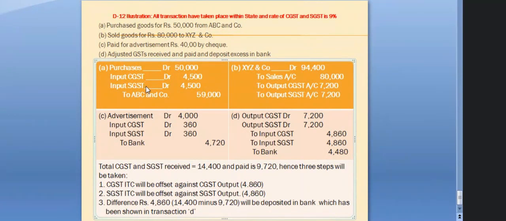But when GST is there, we calculate 9 or 18% of that and divide equally between state and center. The entry would become XYZ debit to sales account, output CGST and output SGST. So when you sell, it is output; when you buy, it is input. And CGST is central and SGST is state.